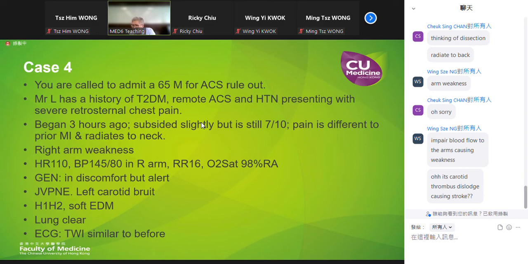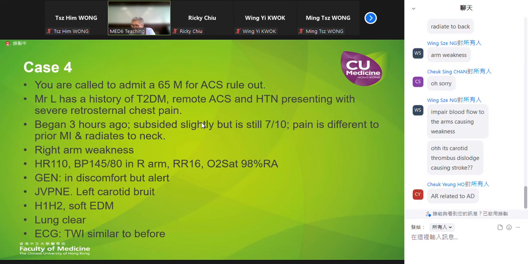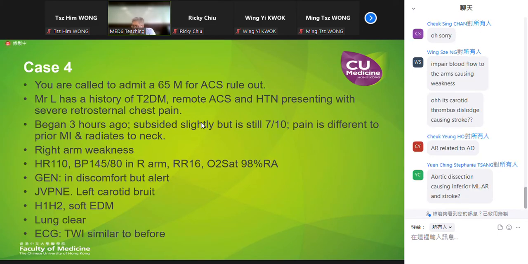Who said dissection before? Chuck-Sing, you said dissection before. Can you put everything together, would dissection explain everything? Yes, okay, so you're thinking now.